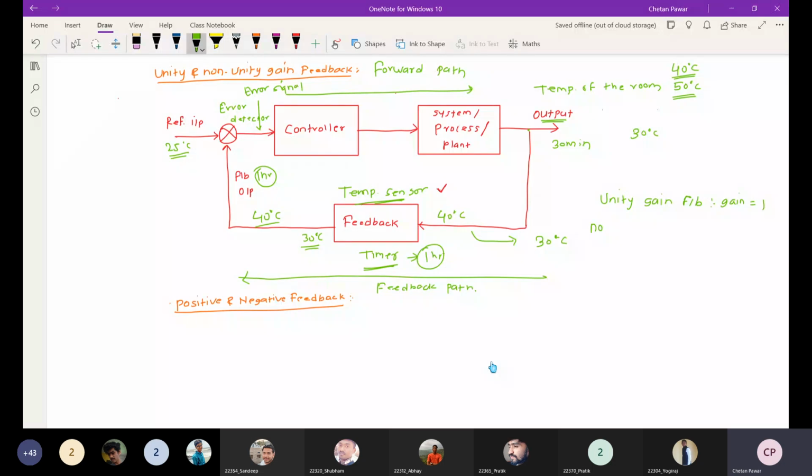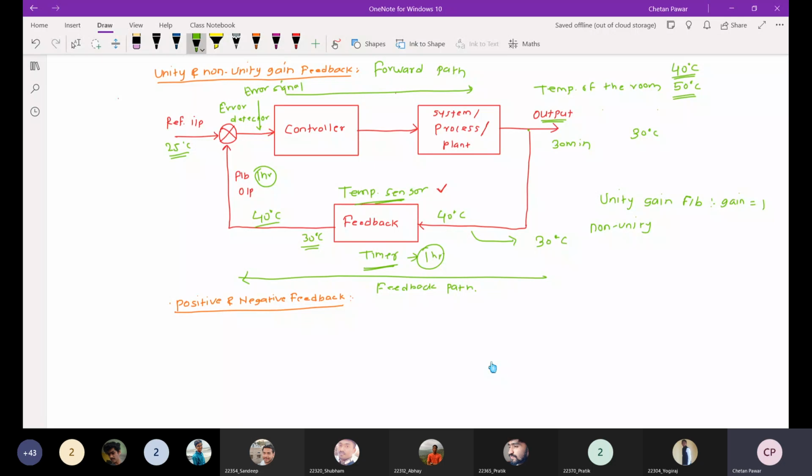And what about non-unity gain feedback? I'm just giving an example here. The temperature sensor output may be voltage or current. But just to explain the concept of unity gain feedback, I'm saying 30 degrees Celsius as the input and 30 degrees Celsius as the output.